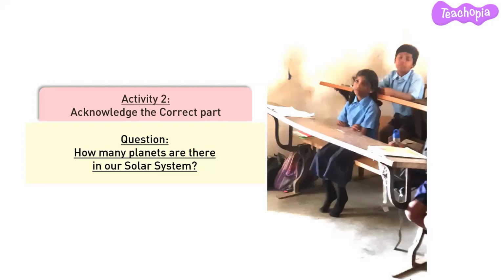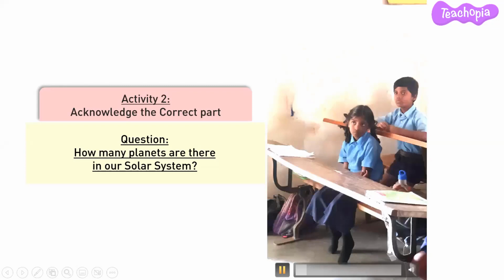Teachers, we want you to pay very close attention to the video that will be played now. Pay close attention to the question asked and the kind of answer that the students are giving. And then the activity will be based on how you will manage that answer or respond to that answer.